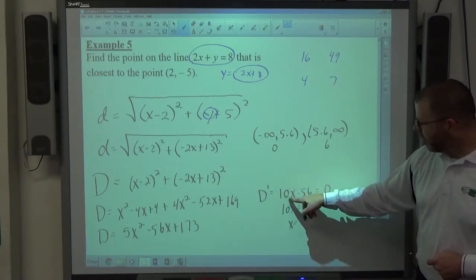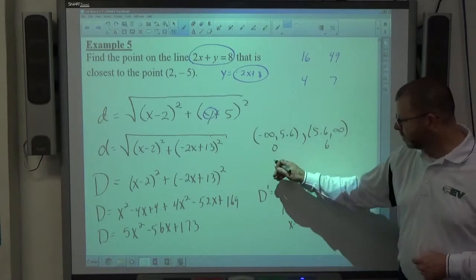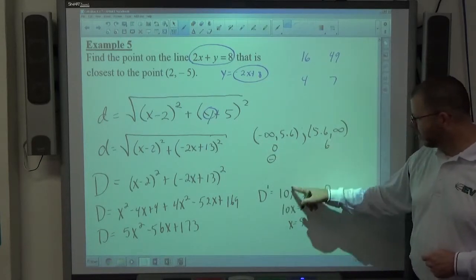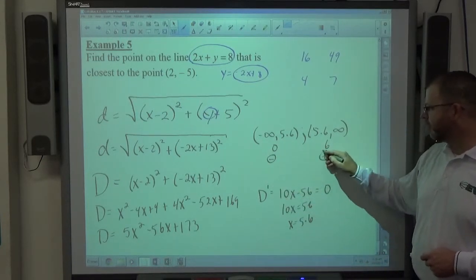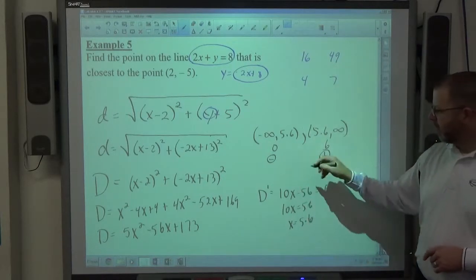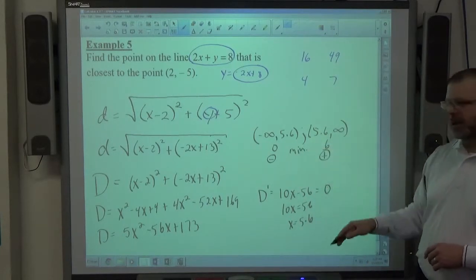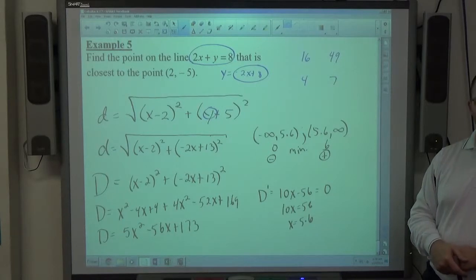If I put 0 in, 0 − 56 is negative. If I put 6 in, 60 − 56 is positive. Negative to positive is a minimum, so that verifies that what we're looking for is what we found.